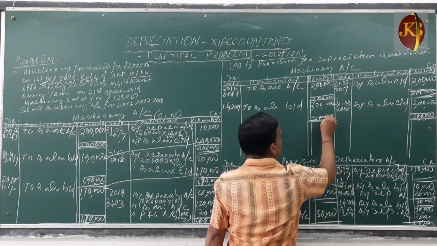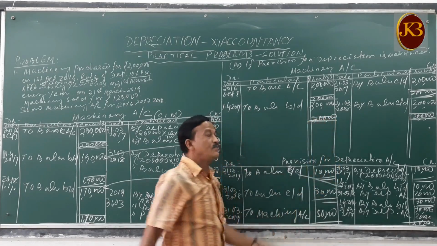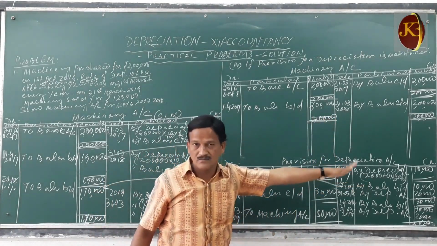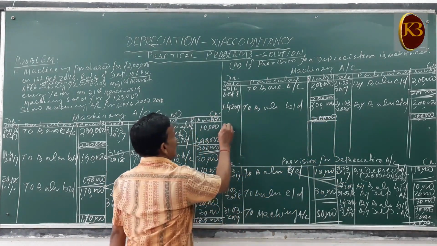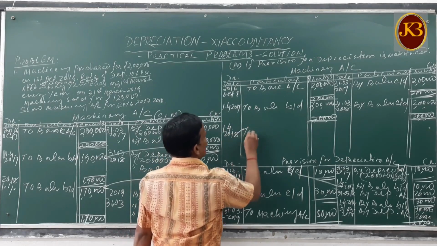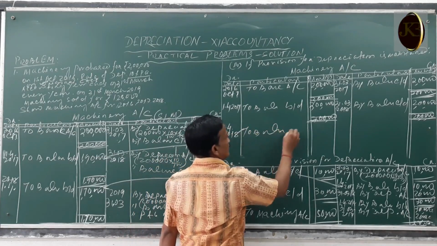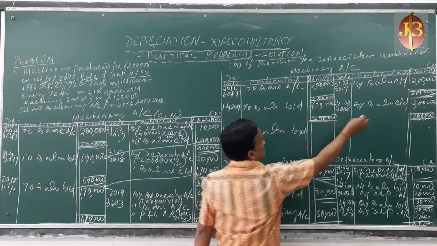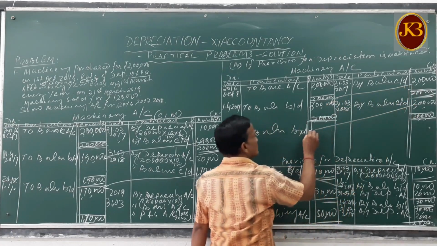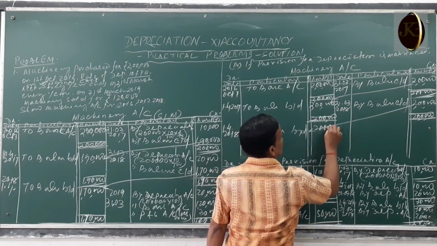If new machinery is purchased, it is shown to bank account, again with balance carried down. On 1st April 2018, to balance brought down, the balance carried down becomes balance brought down, 2 lakh.